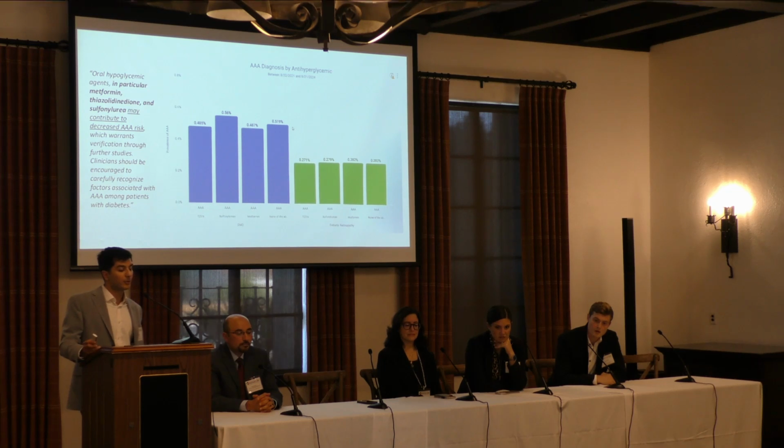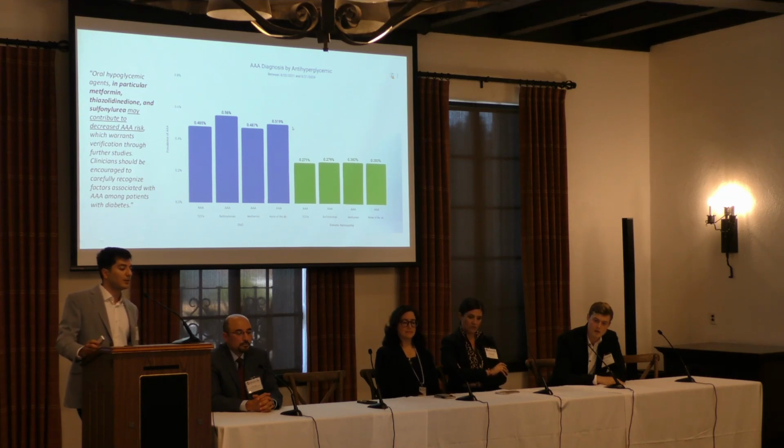The fourth bar is none of the above, type 2 diabetics who are not on any of those meds. As you can see, it's questionable whether the prevalence is decreased, but it does follow some of the arguments they make about metformin and TZDs.